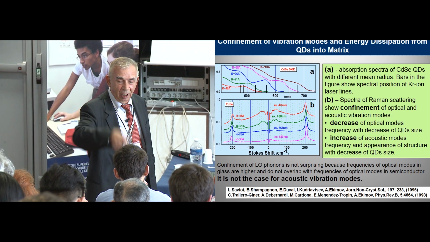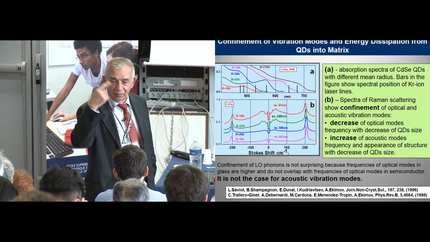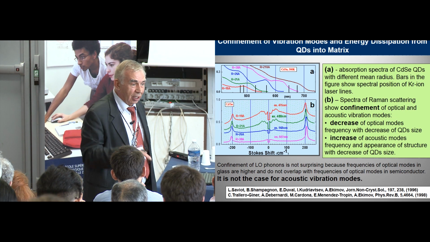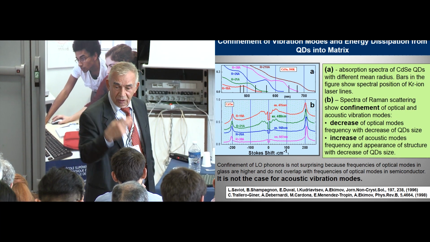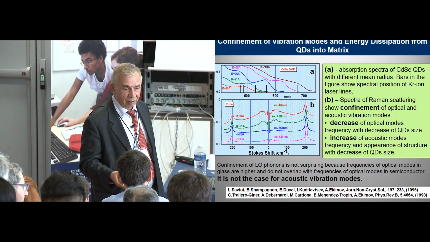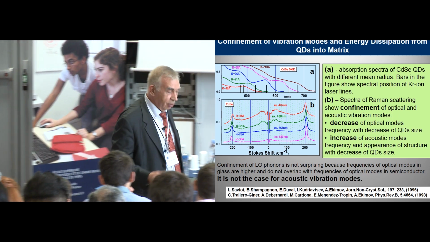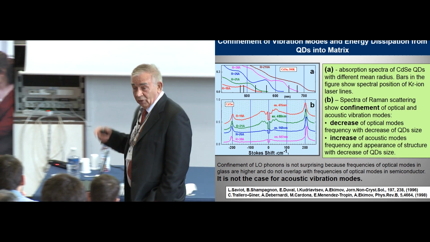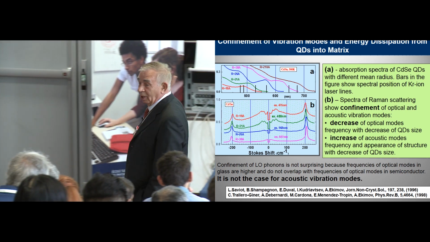This means that we create electron hole pairs which relax and give birth to the phonons. They must go away. And what are the mechanisms? This actually is the question which I'm going to come to.